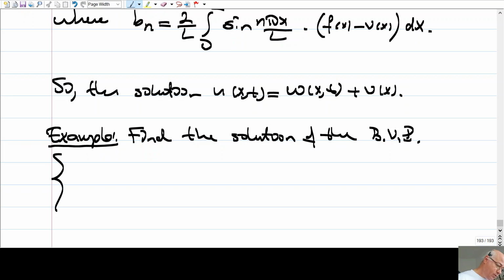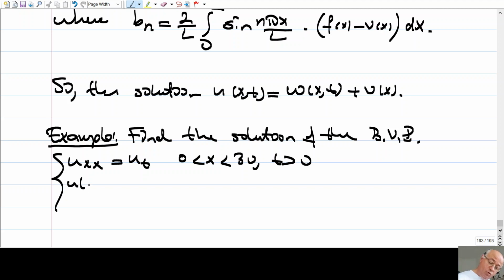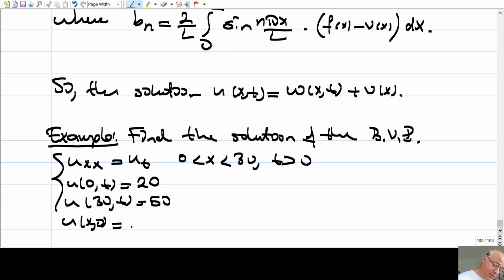U sub xx is equal to U sub t. U(0,t) is 20, U(30,t) is 50, and U(x,0) is just 60 minus 2x.